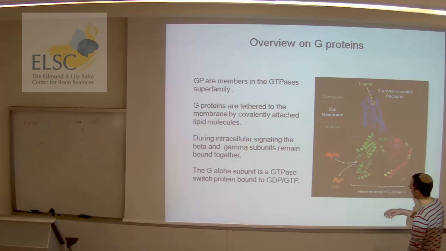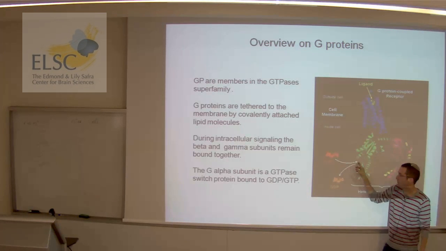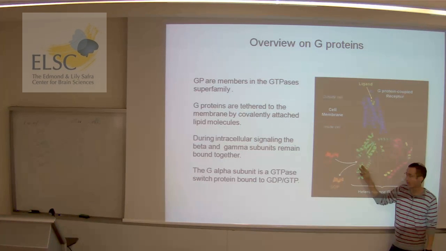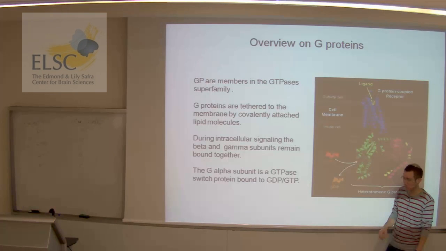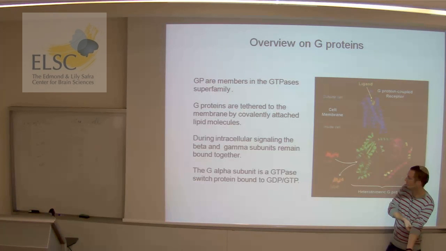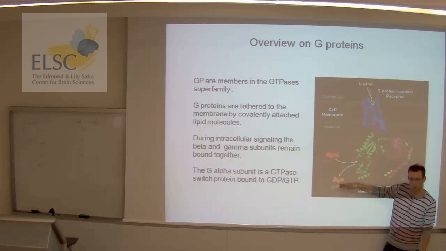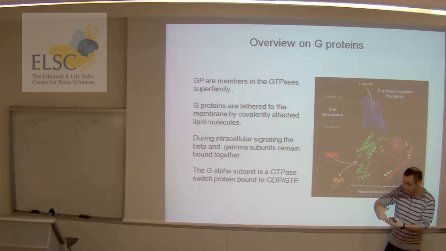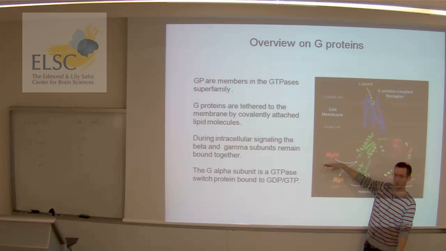The alpha subunit hydrolyzes a GTP that is bound here in its binding site to GDP, guanosine triphosphate to guanosine diphosphate. After that happens, in order to activate the alpha subunit again, you have to exchange the old hydrolyzed GDP with the new GTP.